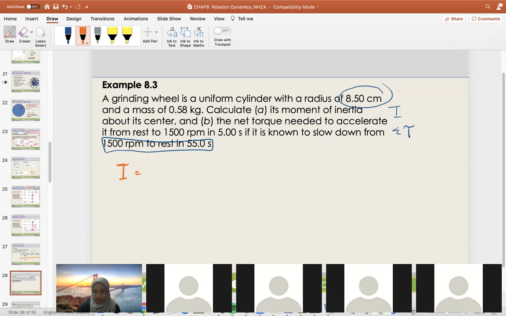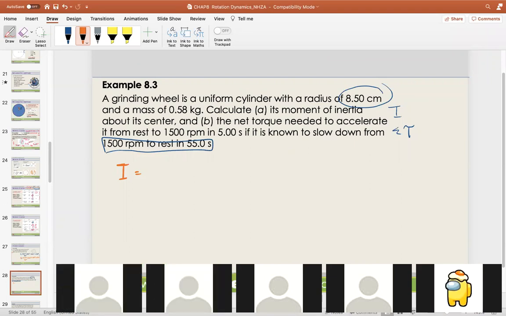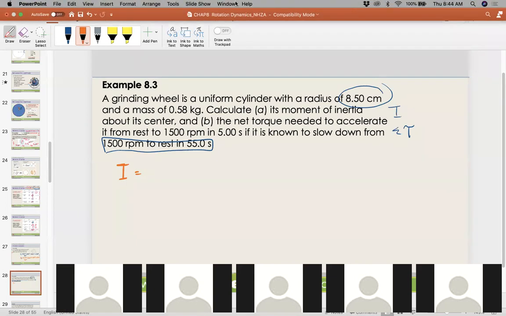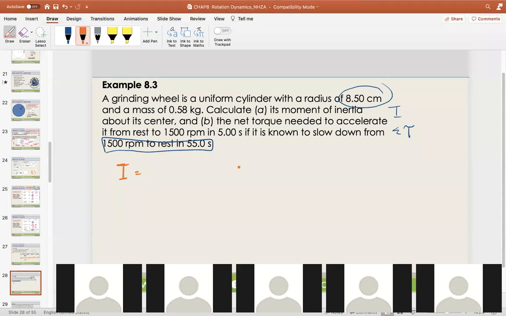Where is Faiz? Okay then, if that's the case, can I get Vasan? Yes, miss. Okay. What is the I for a solid cylinder with the axis of rotation at the center? Boleh refer tengok buku, 1/2 MR square.